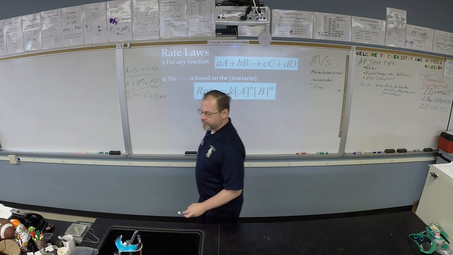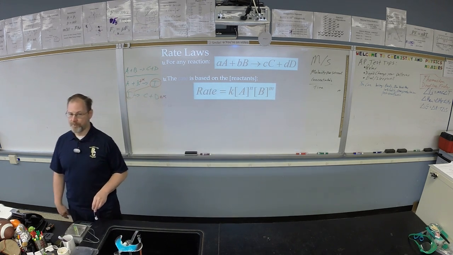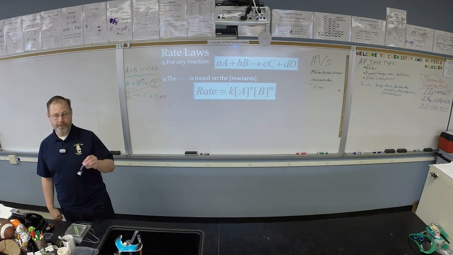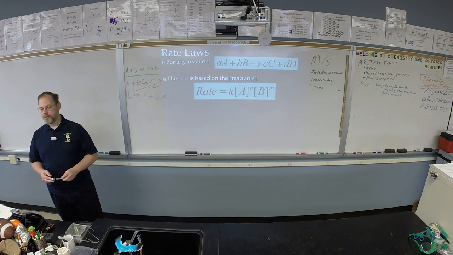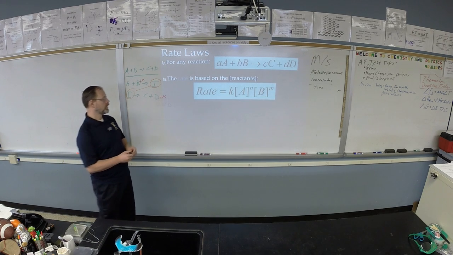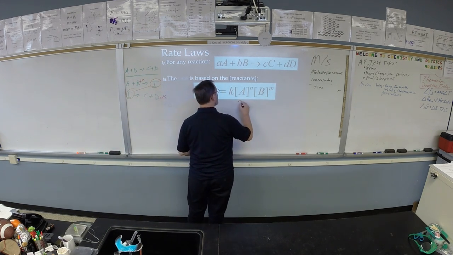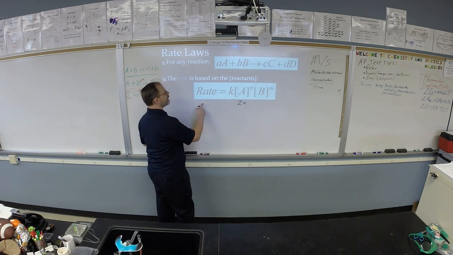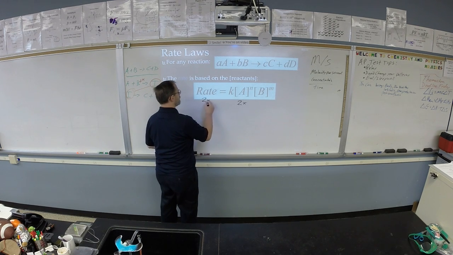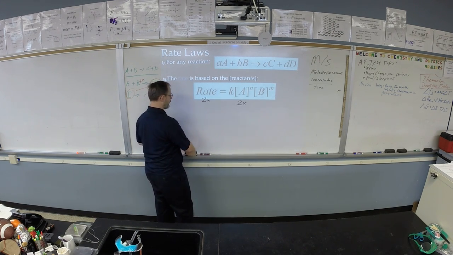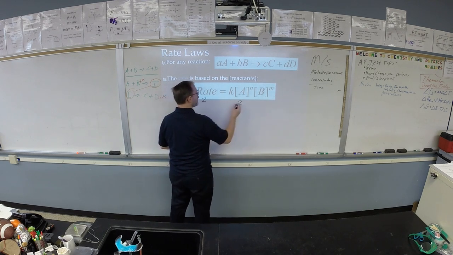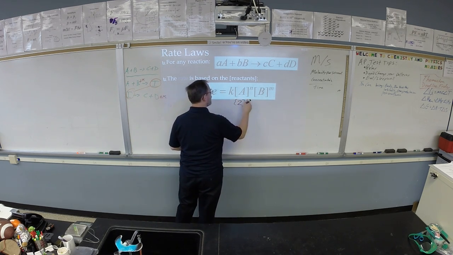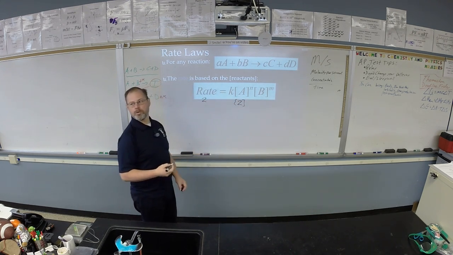And this literally is a mathematical exercise. So think about this. If you doubled the concentration of A and the rate doubled, what is the exponent above the 2?